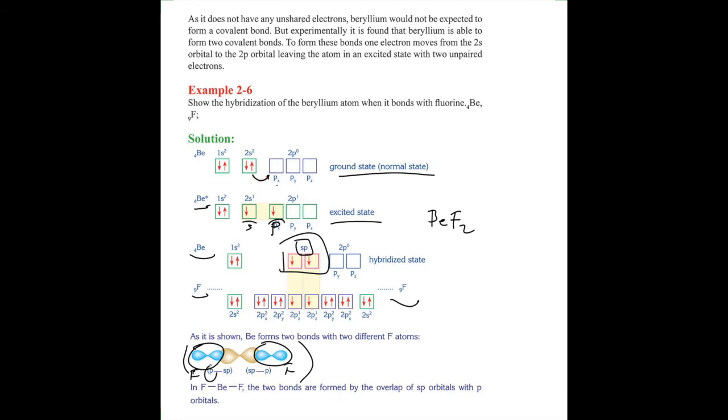These are p orbitals. And which orbital is placed at the middle? It is the sp hybrid orbital. In FBeF, the two bonds are formed by the overlap of the sp orbital with p orbitals. So it is the sp hybridization type.